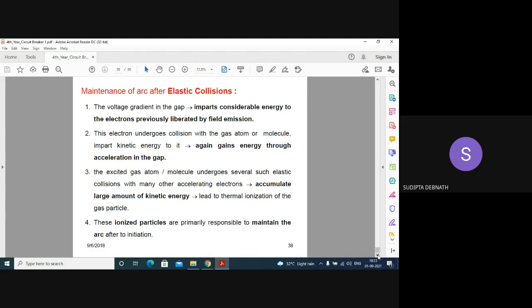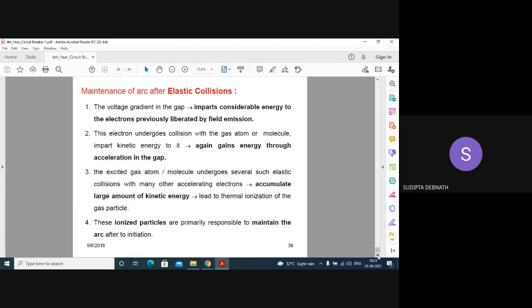The electrons and ions are already there in the medium, so it gains energy. The electron undergoes collision with the gas atoms or molecules, imparts kinetic energy to it, and again gains energy through acceleration in the gap. So the electrons and the ions are accelerated in the gap because they are gaining momentum.